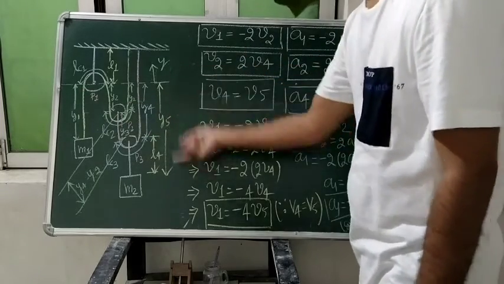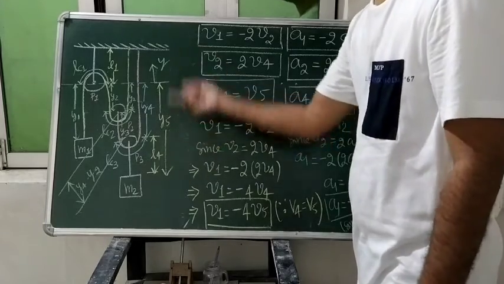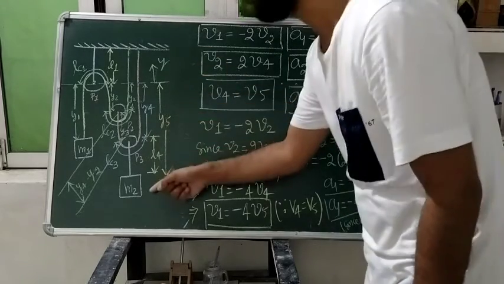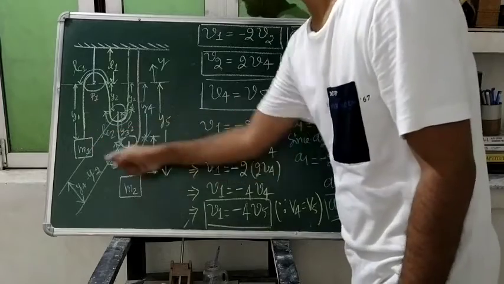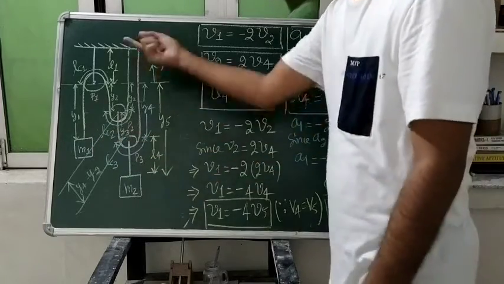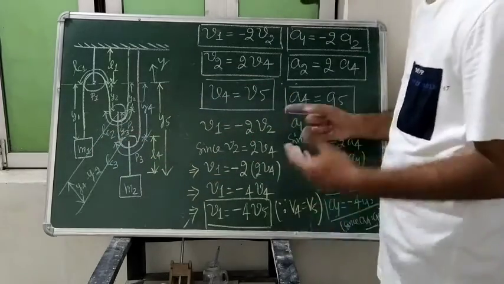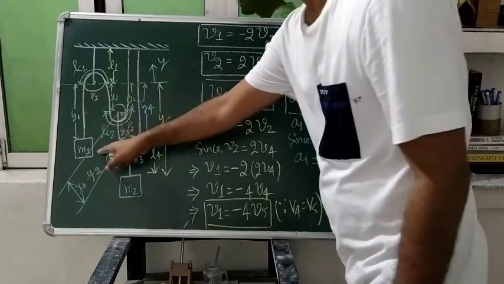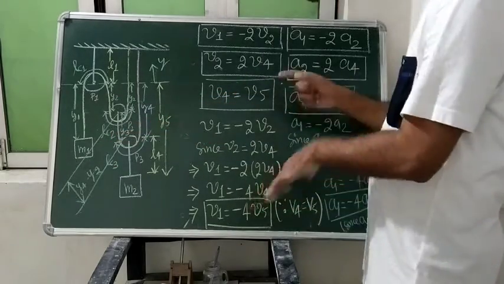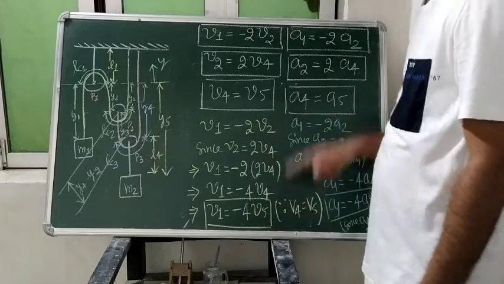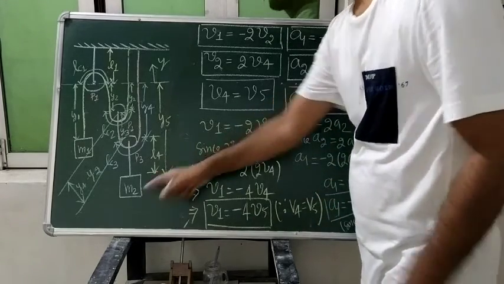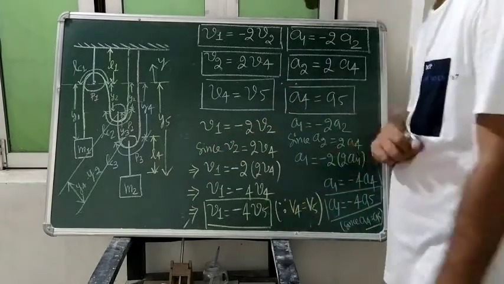Whatever will be the velocities of these strings, the same will be the velocities of the blocks, because they are attached with this string. So we will say whatever will be the velocity of block 1, 1 by 4 times of that will be the velocity of block 2, and they will be in opposite direction.